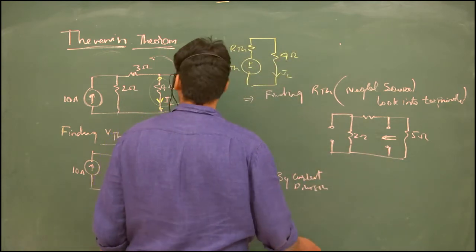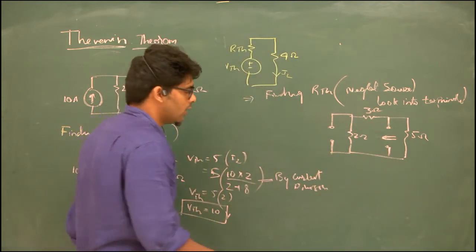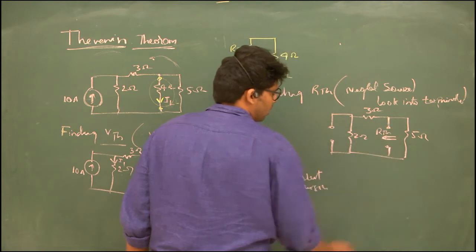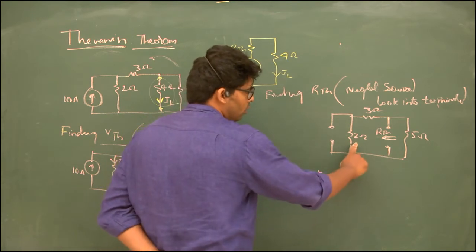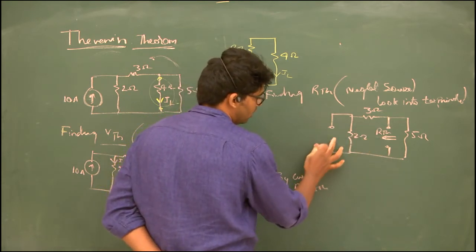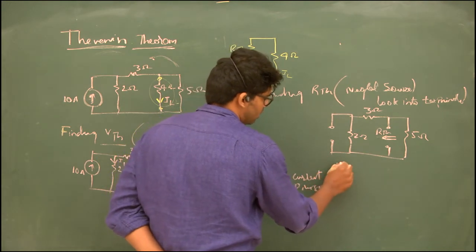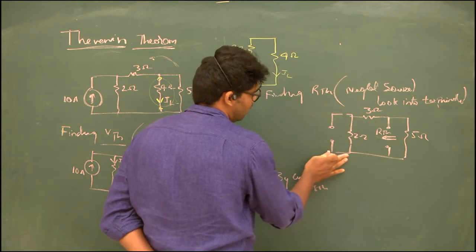Okay. Now the major mistake students make is, so many people, to find RThevenin, think that with 2 ohm and 3 ohm no current flows, therefore we redraw this circuit like this. We open the terminal, which means no source and no element is acting.